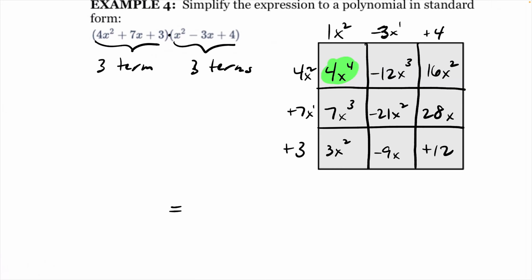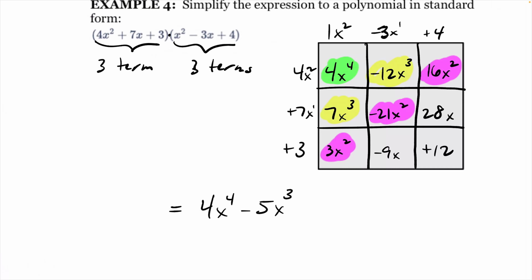That guy, 4x to the 4, doesn't combine with anybody. We got x to the third next. Was that negative 5x3? Then we got x squared is the most. We have 3 terms that are x squared. So what do we get?